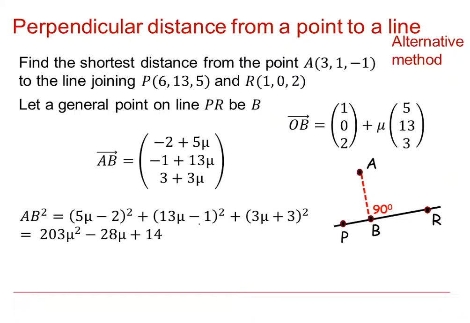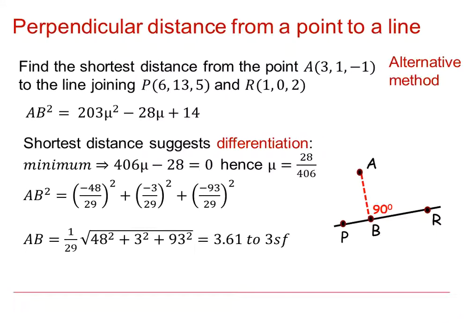In this alternative method, we find the same displacement vector from A to B, except this time we find its magnitude. Notice all three terms, when they're squared, will be positive, and if we look at the AB squared as a term, we get a quadratic in mu, and this will suggest that the shortest distance will be when AB squared is a minimum, and that suggests differentiation.